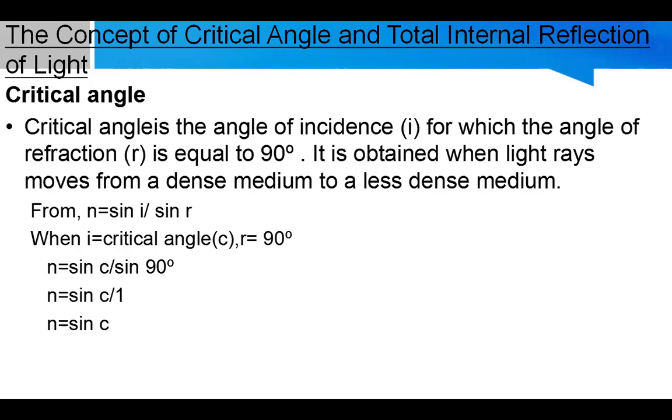So theoretically, you can say that n is equal to sine i over sine r, where i is the critical angle and r is 90 degrees. You can say that n equals sine c over sine 90, where sine 90 is 1, so n is equal to sine c over 1. So specifically, n is equal to sine c. That's the critical angle.